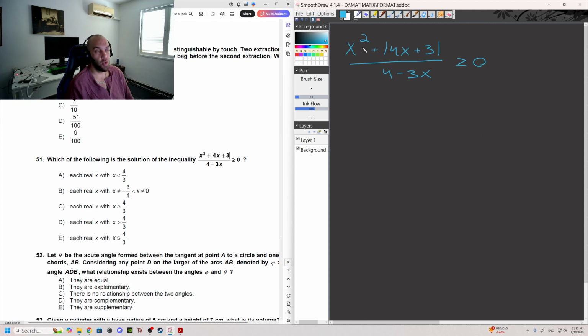So the numerator is always positive. And now, if we want to see when this is okay, so it's always positive, and it cannot be zero. So you cannot be equal to zero at all, right? So what's left is only the denominator.